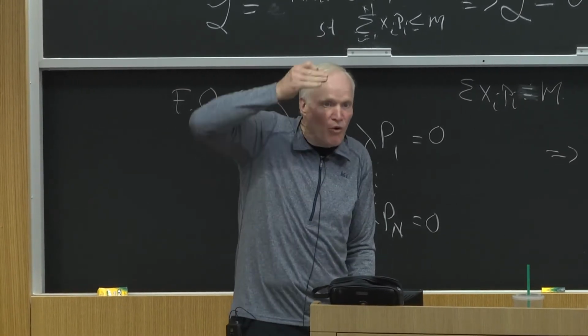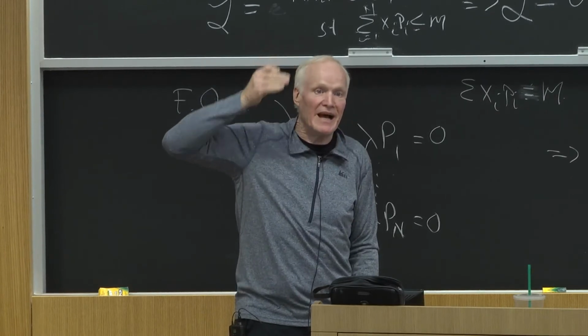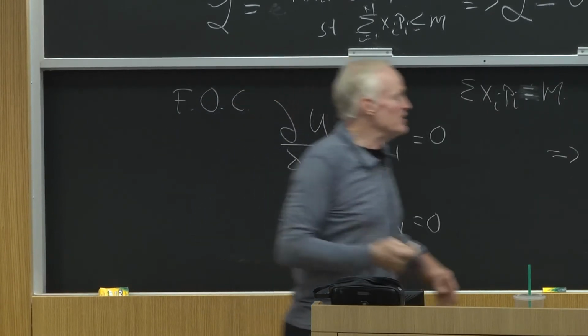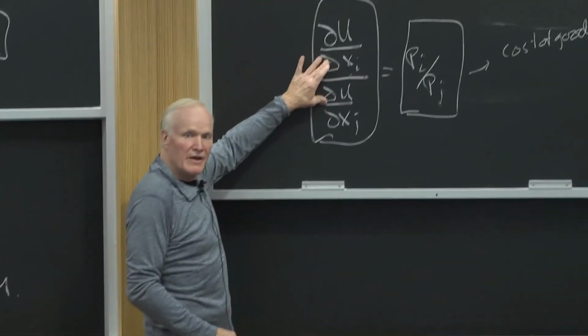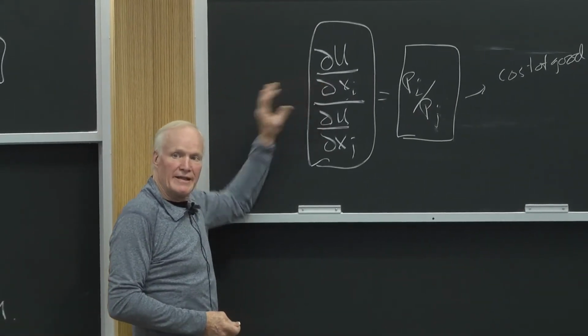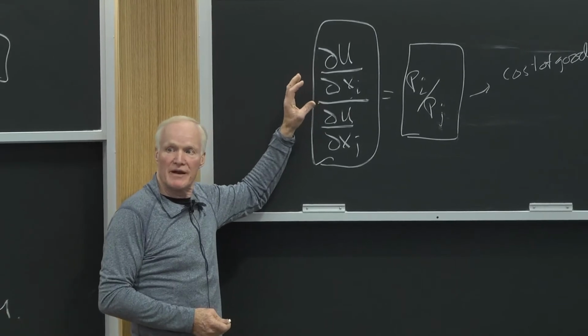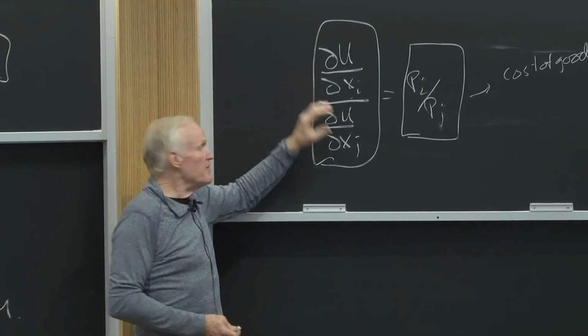Because it keeps my utility constant, right? That is, if you give me this many units of good J per unit of good I, that holds my utility constant.